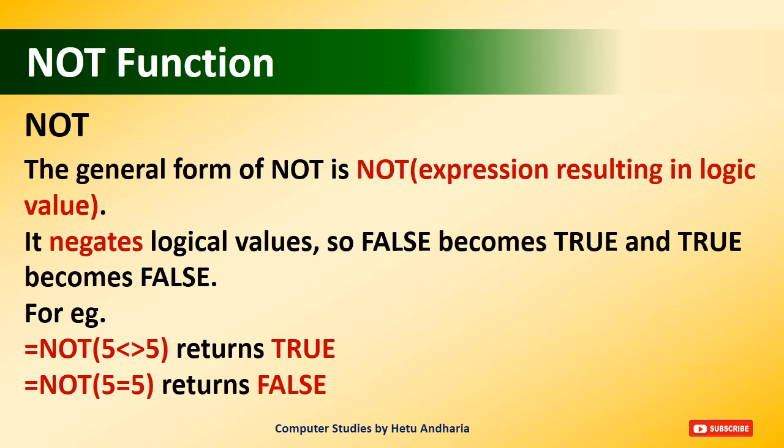Here the NOT function reverses the logical values, so false becomes true and true becomes false. For example, if we compare 5 is not equal to 5, then it will return true. Actually it is false. Another thing, NOT 5 is equal to 5, then it will return false. Actually 5 is equal to 5, it is true. So this function returns the opposite value.